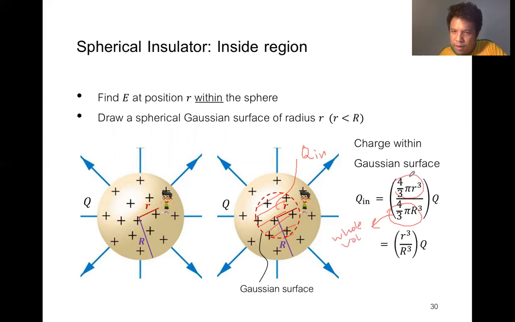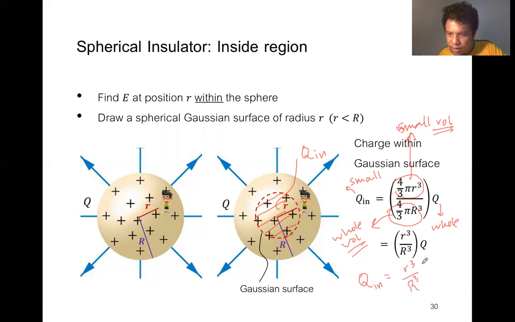If you take the small volume, divide by the whole volume, and multiply by the whole charge, you get the charge of the small volume. So finally you end up with Q in as r cubed over big R cubed times Q, and that is certainly less than the whole charge.